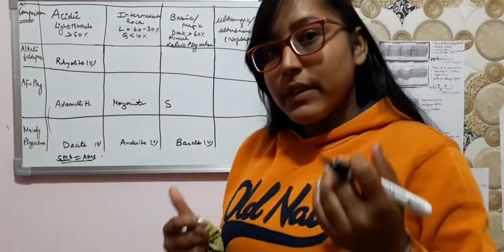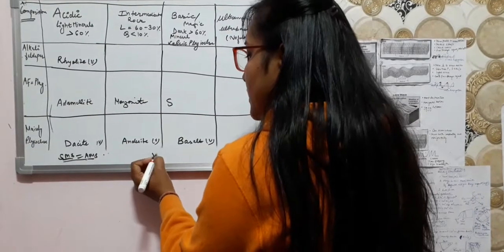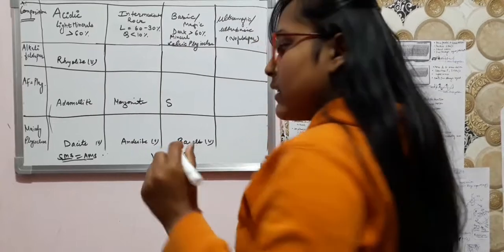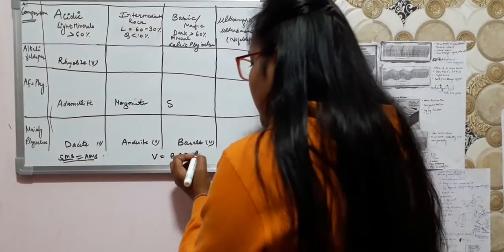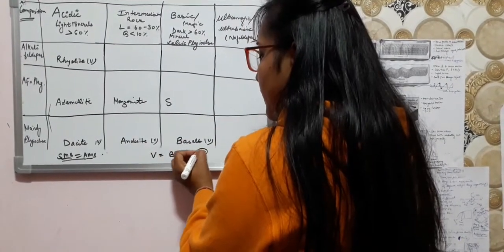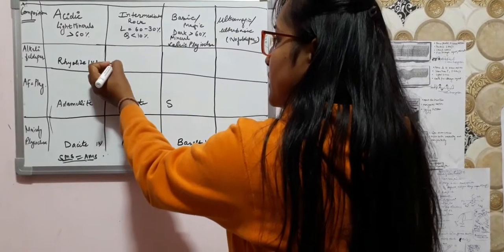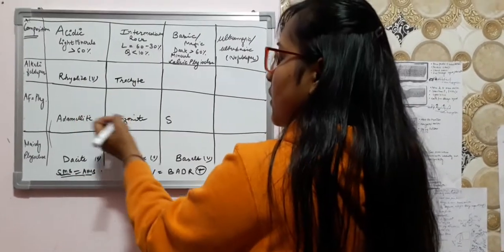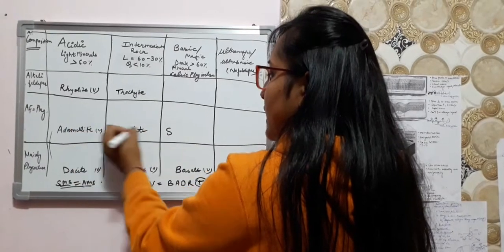So now along with BADR, I will add one alphabet also, which is T. So I will fill this T over here, which is trachyte. Okay, so these are all volcanic rocks.